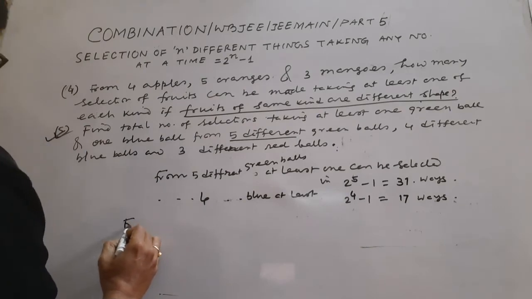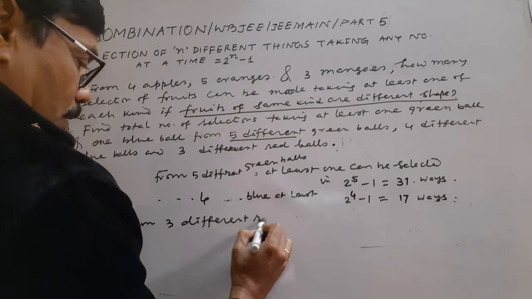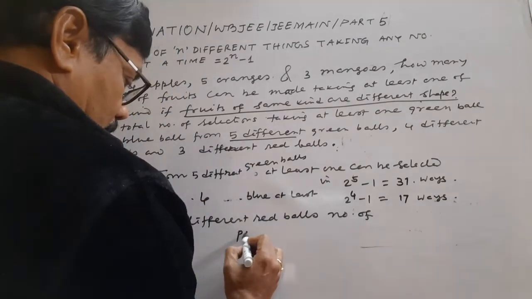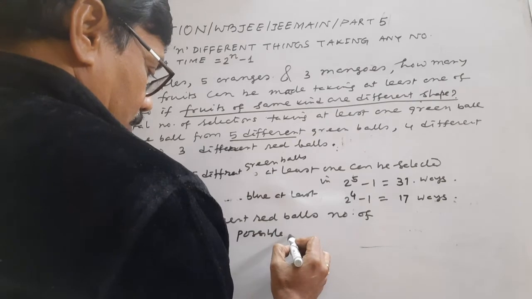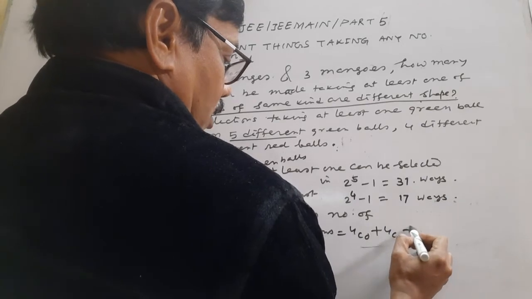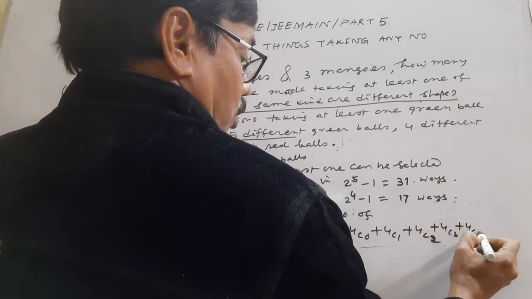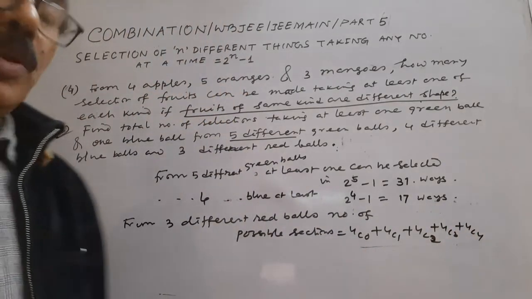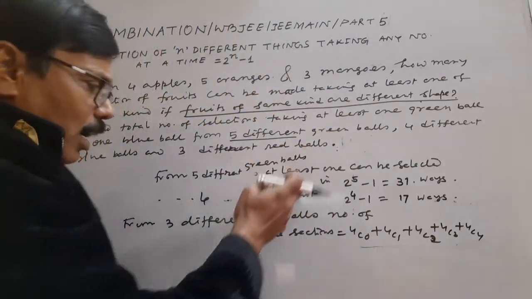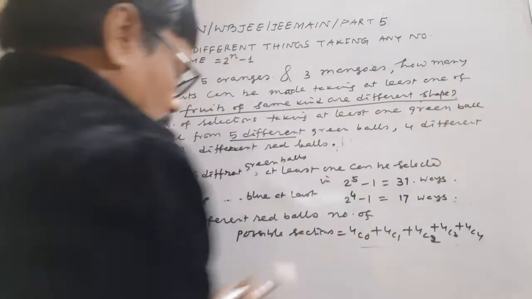So from 3 different red balls, the number of possible selections equals 3C0, 3C1, 3C2, 3C3. Look, we can take no red balls because we have already selected one of the green and one of the blue balls, so this restriction is not given.